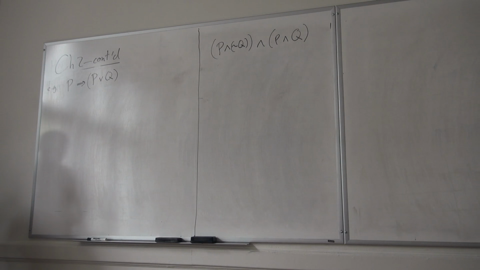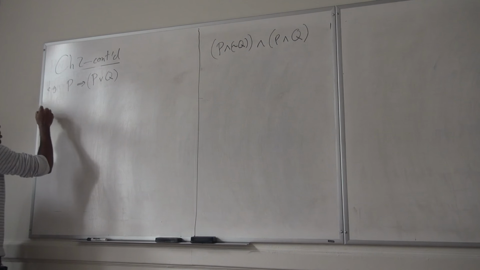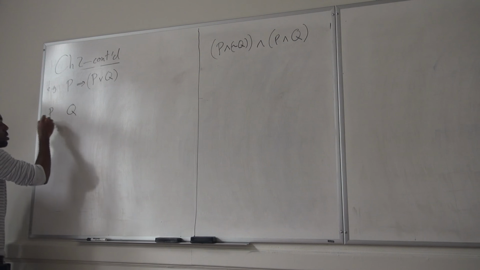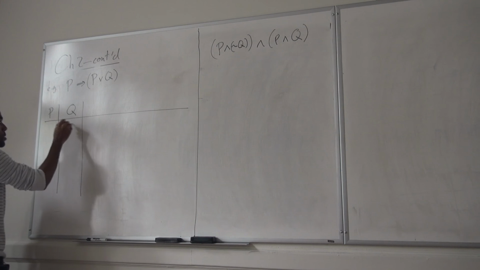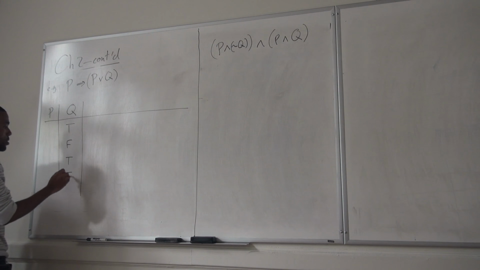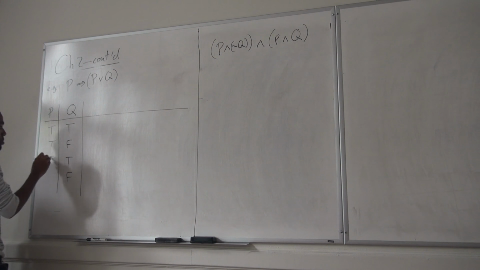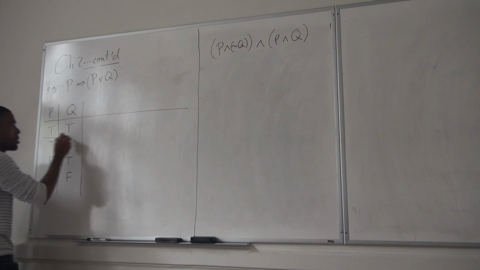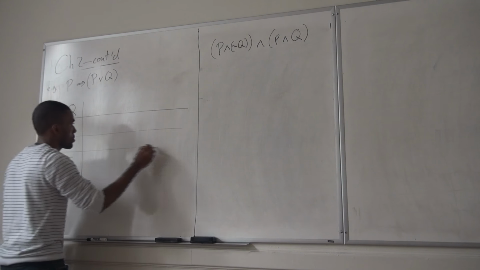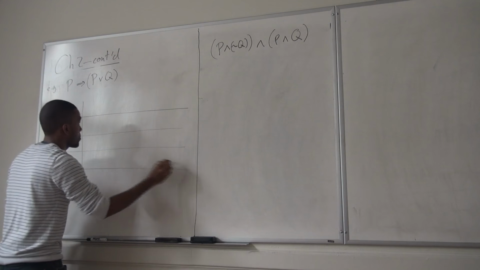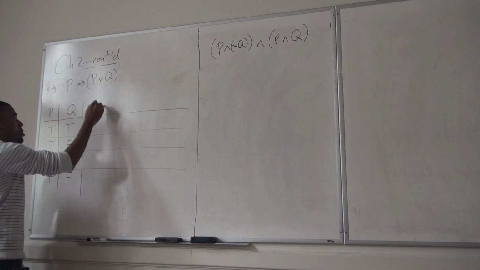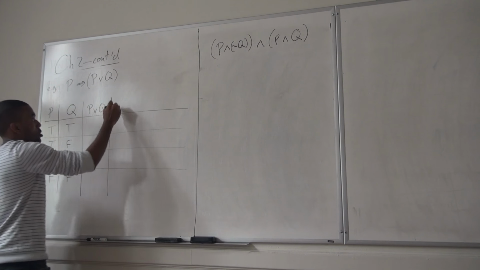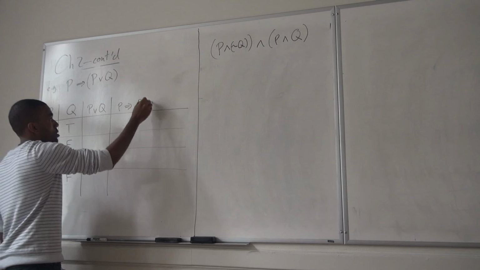So if we look at these statements, how do you sort of verify what they are? Write down the truth values. You can do a truth table, P and Q: true, false, true, false. So what are the things we want? I probably want to do P or Q. And then I can do P implies P or Q, because then I'll have all the pieces.